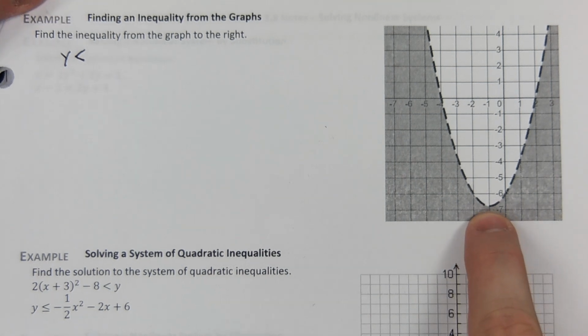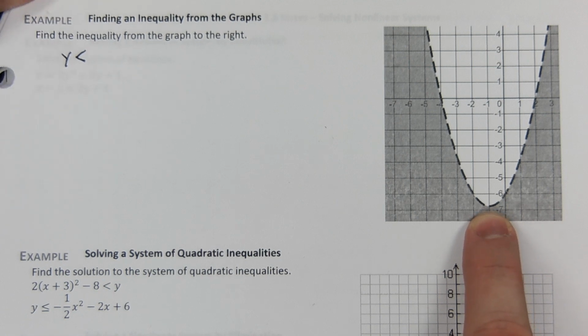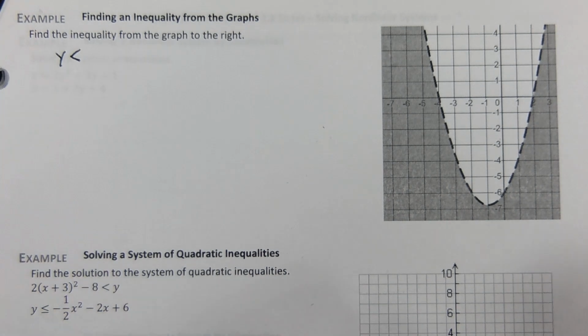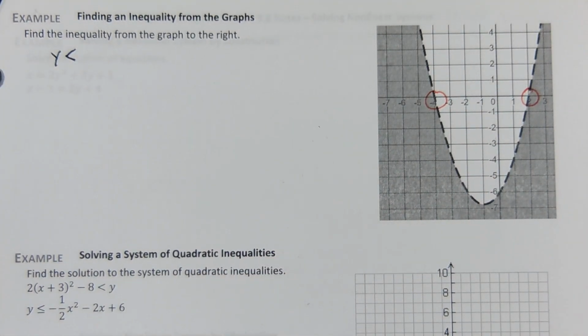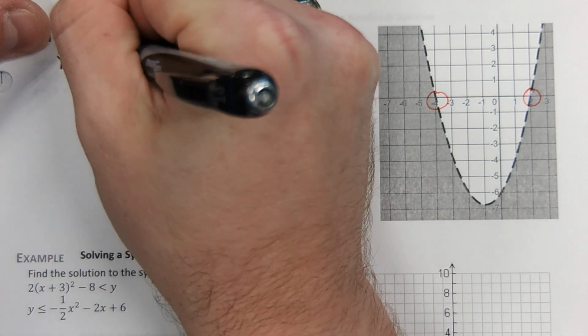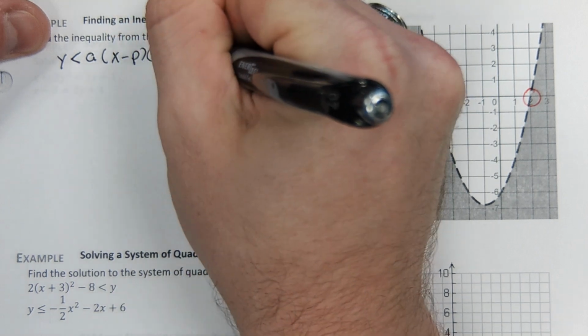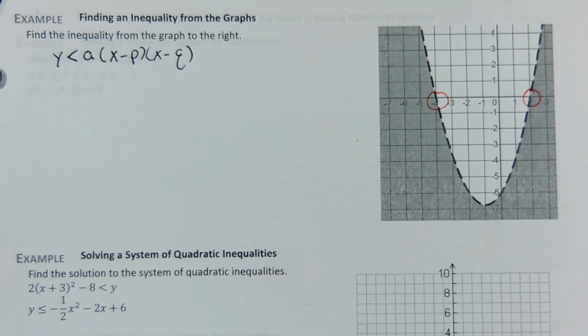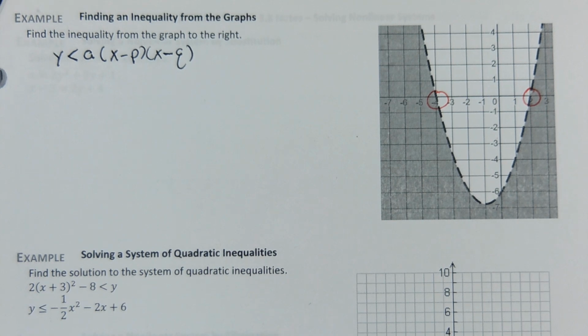But this one, I can see that my vertex does not have a pretty y value. And because of that, I do not want to try to use vertex form. Instead, I will notice that I can see pretty x-intercepts, so I'm going to use intercept form. P and Q are the two things that I just circled.